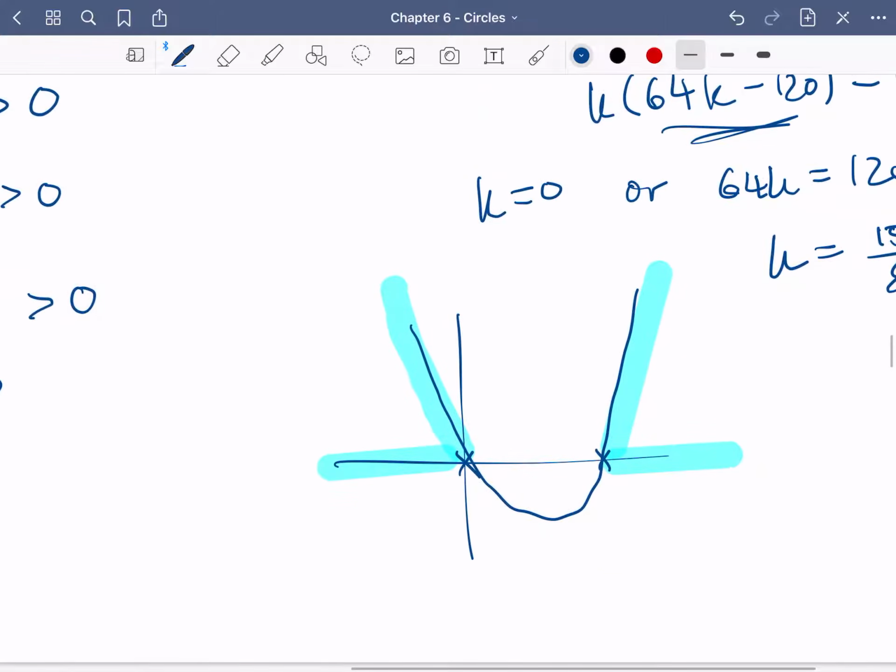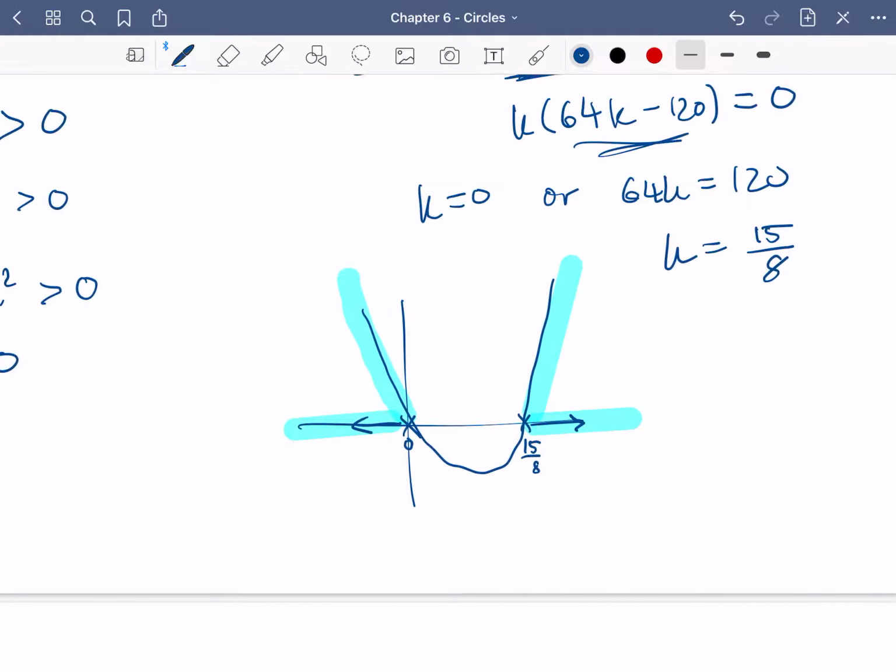So I'm just going to zoom in here. This is 15 over 8, so we want it to be 15 over 8 or bigger, or we want it to be 0 or smaller. So the range of values that k can be is: k has got to be less than 0, or k has got to be greater than 15 over 8.